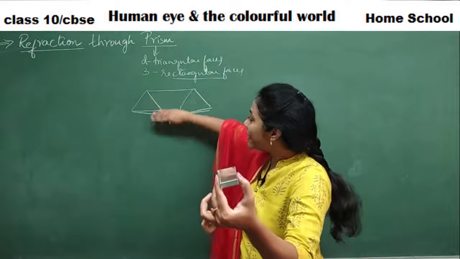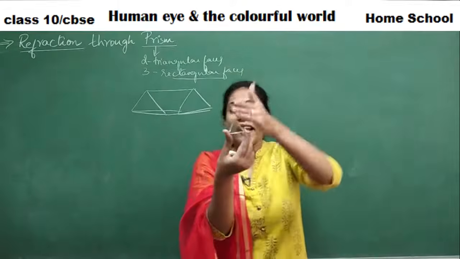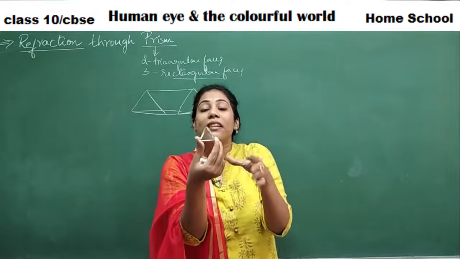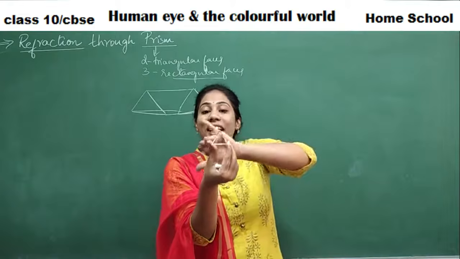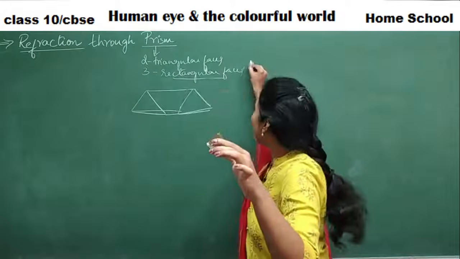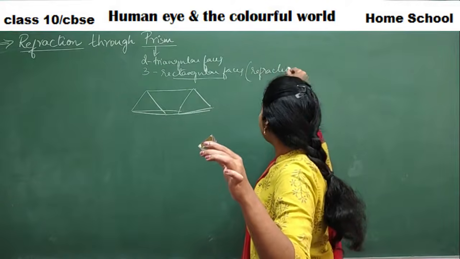And these are inclined, in the sense, it is making an angle. When two rectangular faces meet, there is an angle between them. So these inclined faces, that is our rectangular faces, are actually the refracting surfaces.